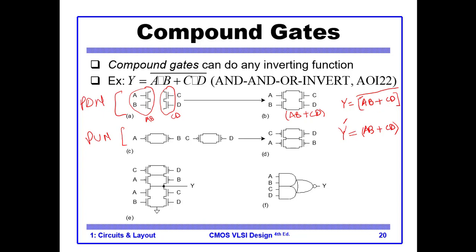So our original Y has 1 bar, and our Y bar has 2 bars, so it should be (A bar plus B bar) dot (C bar plus D bar)... so this bar comes here.